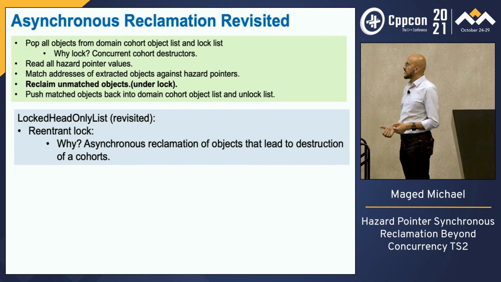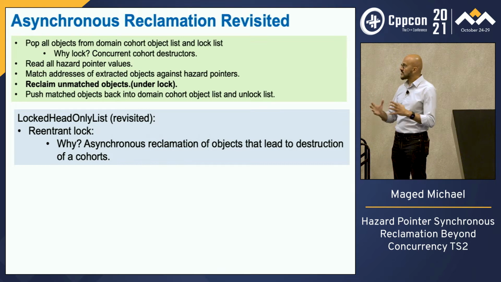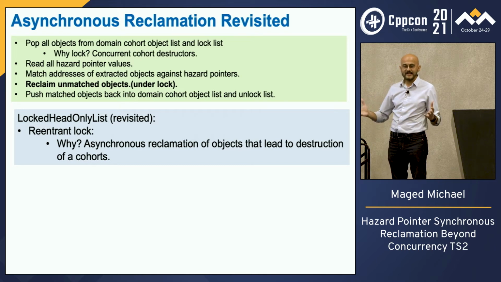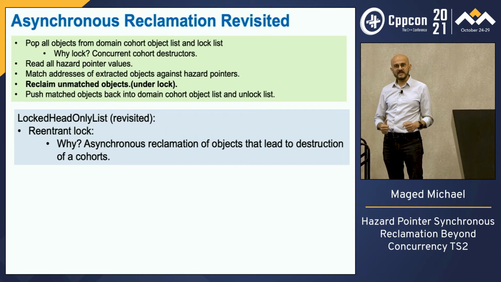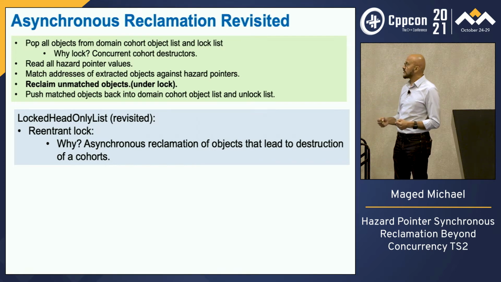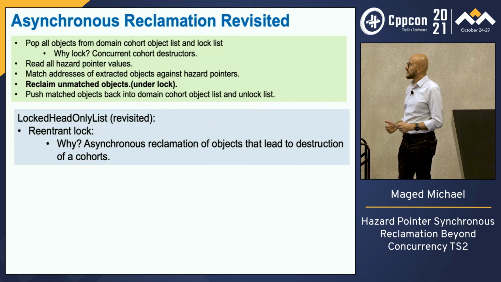It does the matching, and this is a little bit high overhead. It actually needs to reclaim unmatched objects under the lock, because once it releases the lock, there's no guarantee how fast asynchronous reclamation will call the deleters. Otherwise we would not be respecting the guarantee that we're providing about the cohort destructors. So it does the reclamation under lock, and then it pushes the matching objects back into the domain cohort object list and unlocks the list.